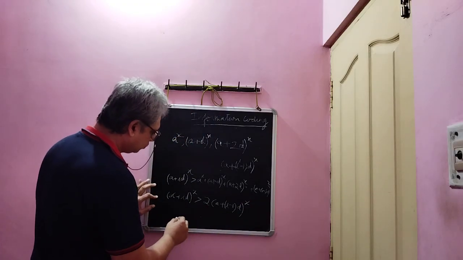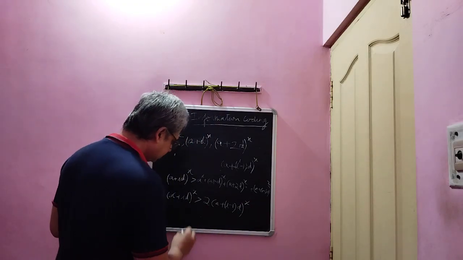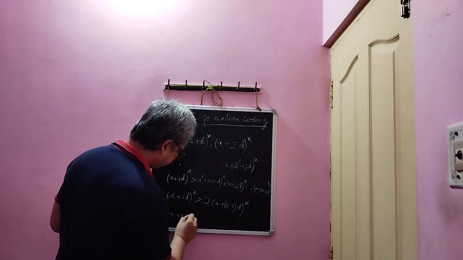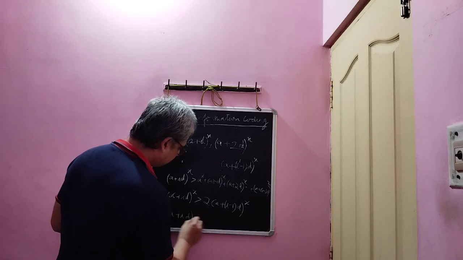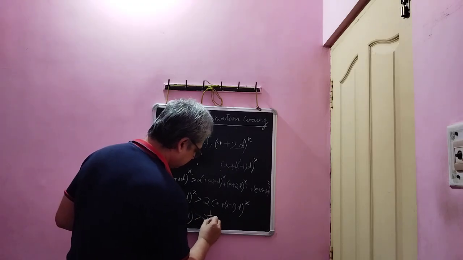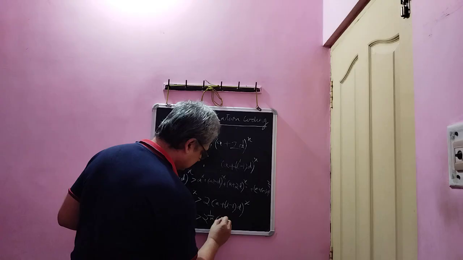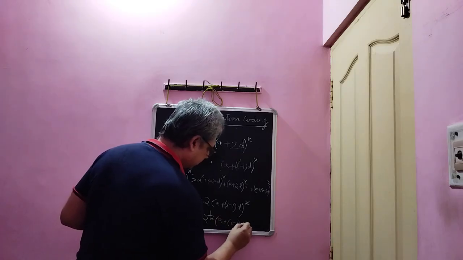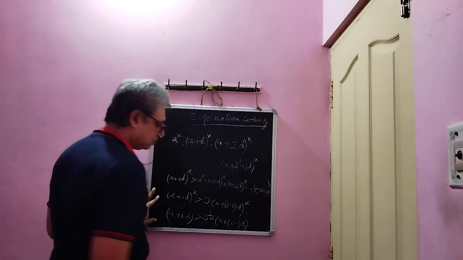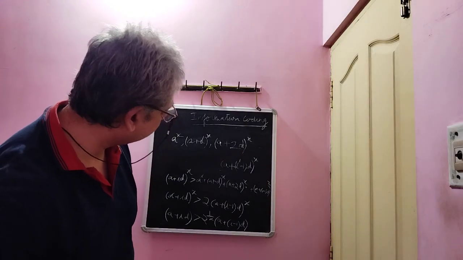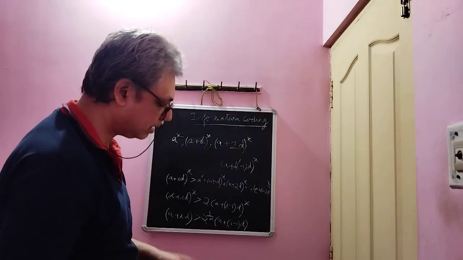Taking the xth root of this, you will obtain a plus id must be greater than 2 power 1 by x times a plus i minus 1 into d. Okay, so this is what we get.